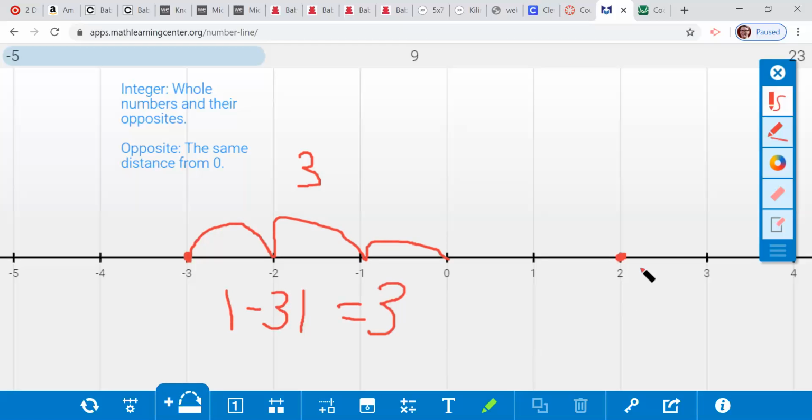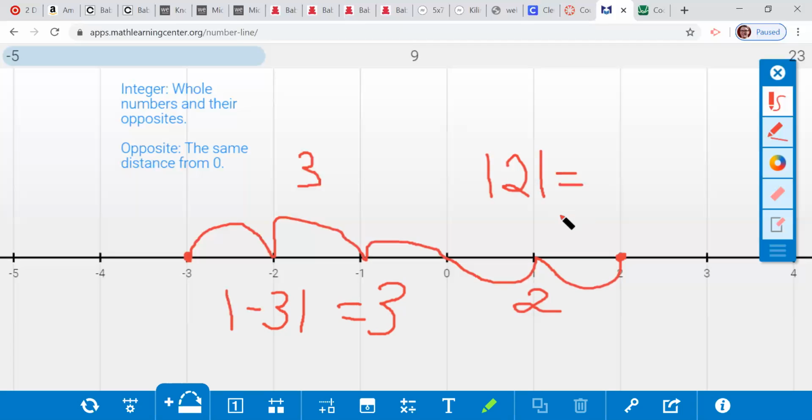So let's look at our second point, positive 2. Again, we have two strategies we can use. We can count the number of spaces between our integer and 0: 1, 2. Or we can find the absolute value. This is where I see a lot of students making a small error.